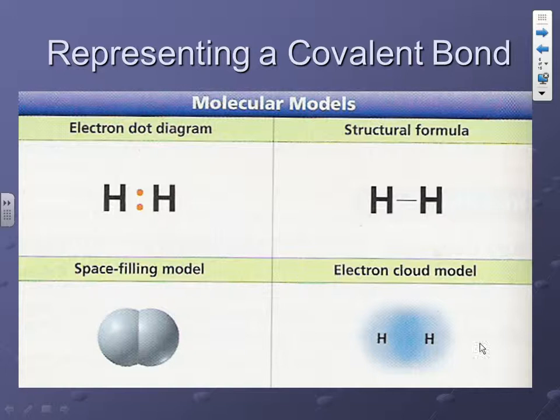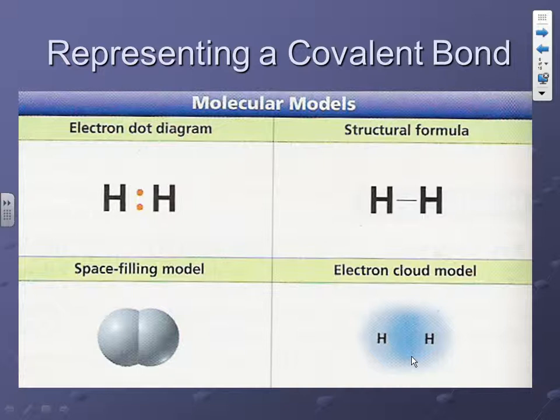And then the electron cloud model. When we talked about orbitals and orbital diagrams, we used the electron cloud idea. Dark areas represent a high probability of electrons, lighter areas represent less probability. If you look here, it's a little bit hard to see, but it's darker in between these two atoms.